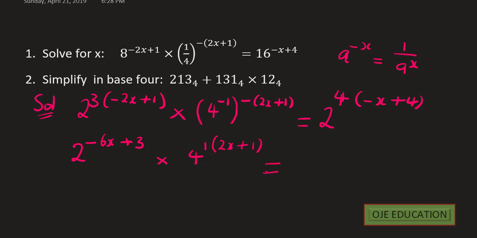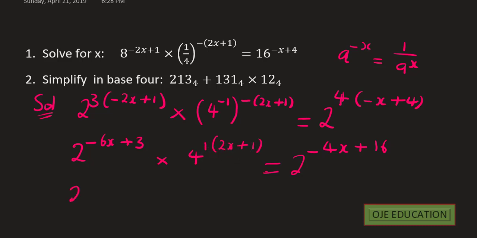equals 2 power 4 multiply the whole of this. 4 times minus x is minus 4x. Then 4 times plus 4 is positive 16. Now I can convert this 4 to 2 power 2. Meanwhile, I can use this 1 to open the bracket here.